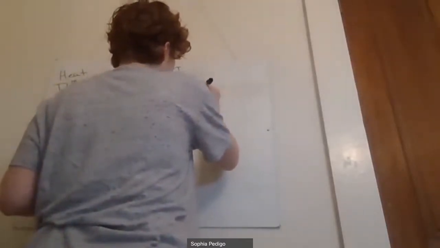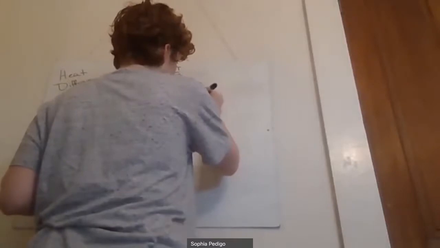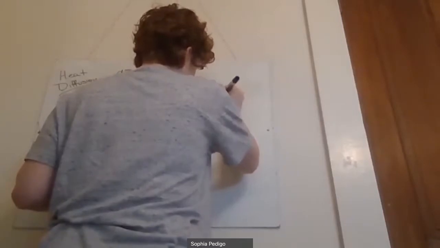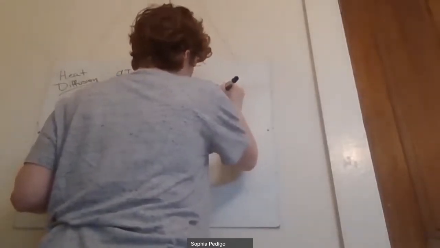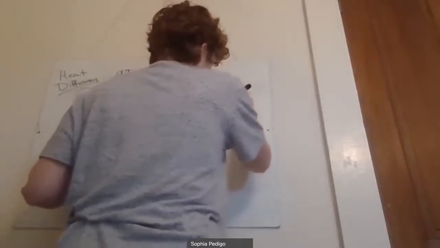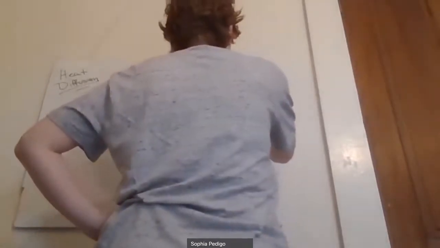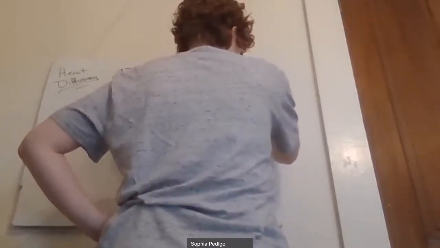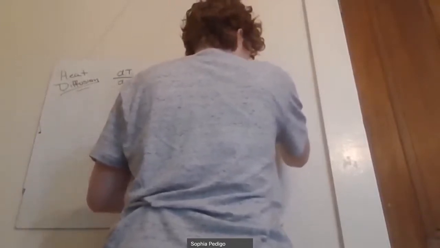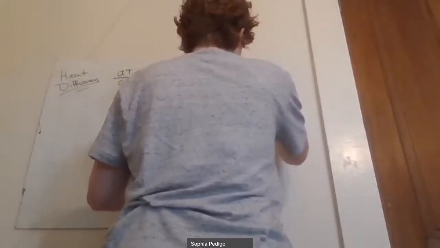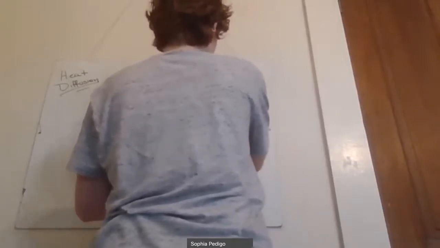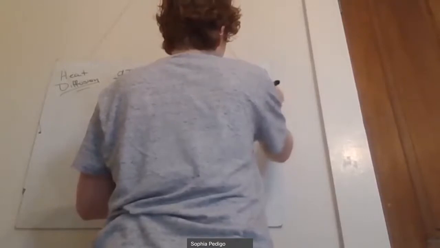This is T sub j plus 1 to the n minus T sub j to the n, all divided by delta x, and then we subtract the next term, T sub j to the n minus T sub j minus 1, also divided by delta x, and this whole thing will be divided by delta x.